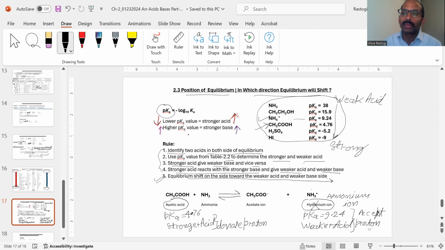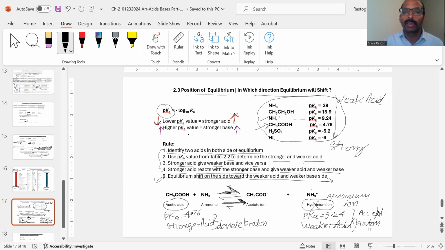So in this way, we can say that our equilibrium will shift in the forward direction. Basically, this reaction will go in the forward direction, so more will be on the product side, and a small arrow will be on the back side.